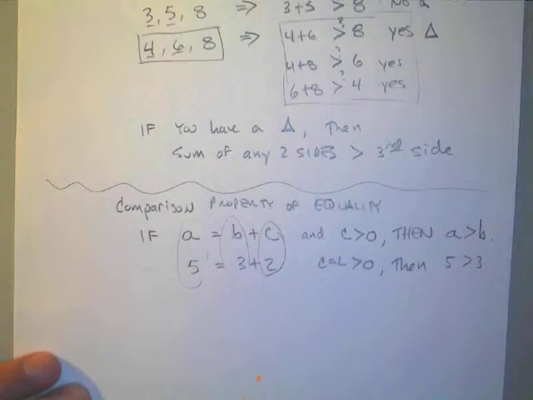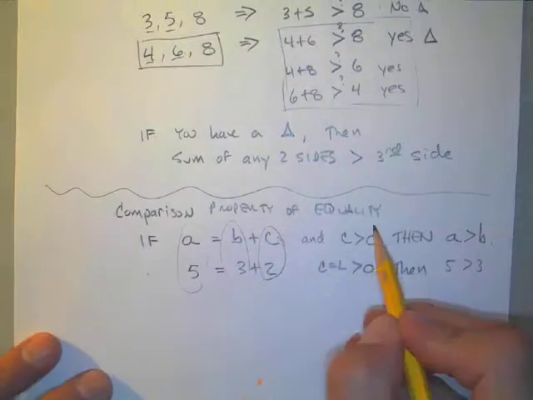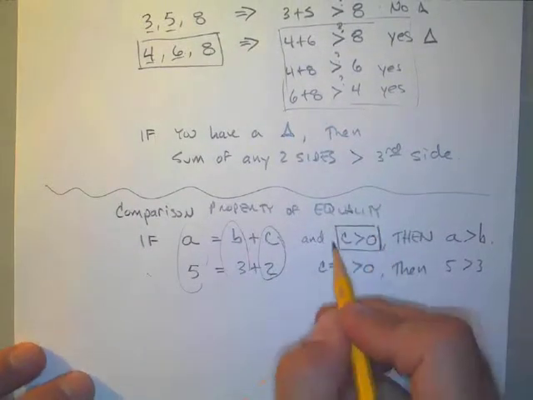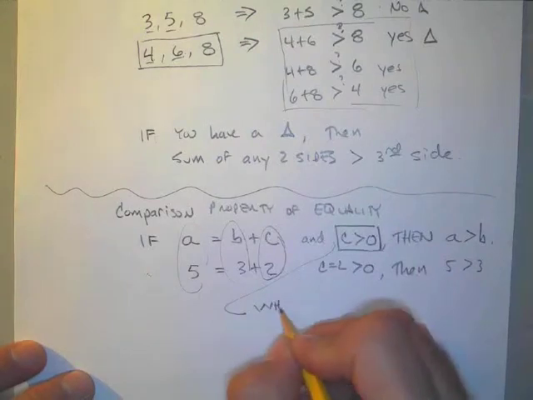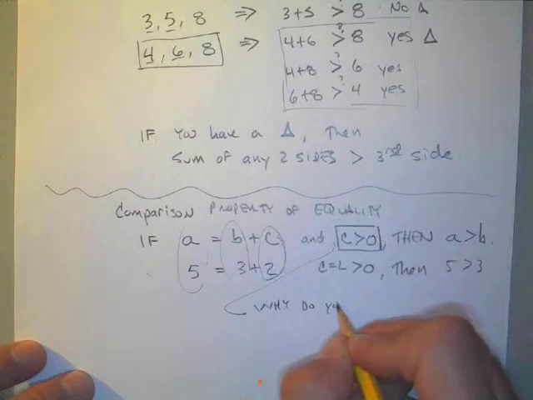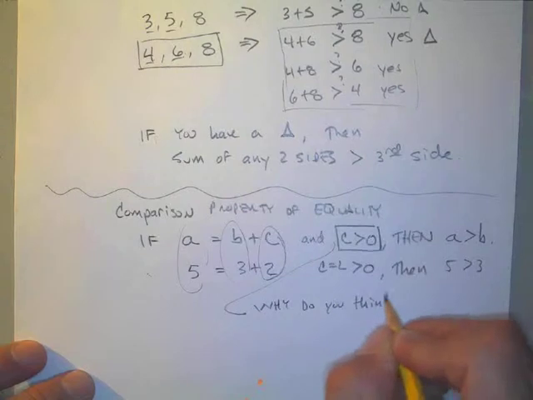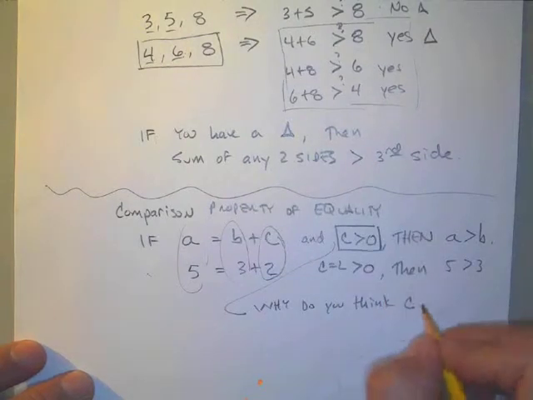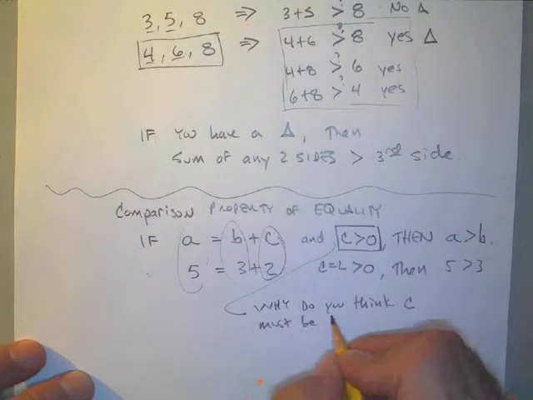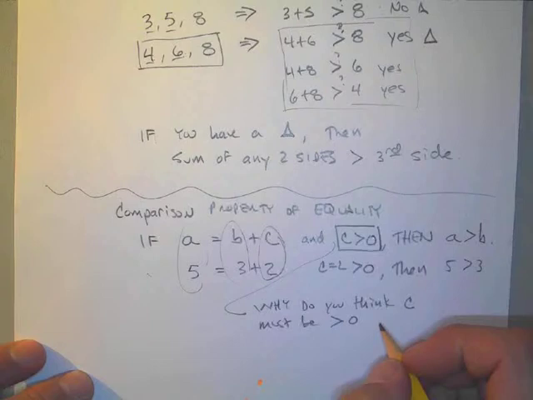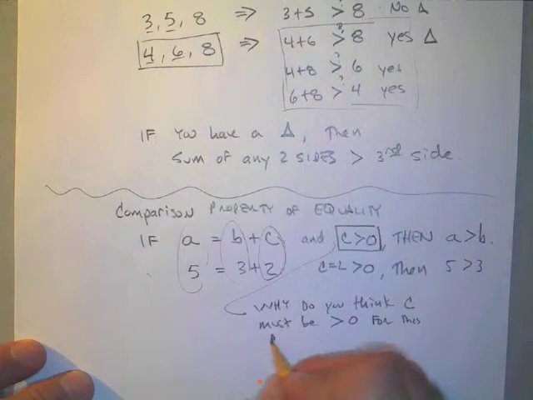Now, let me ask you a question about this part of the hypothesis. Why do you think C must be greater than 0 for this property to work?